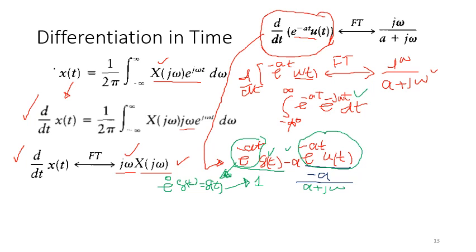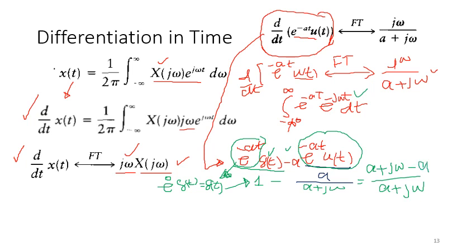Now what we get here is 1 minus a over a plus j omega. So if I take the LCM, it is a plus j omega, and the numerator will be a plus j omega minus a.